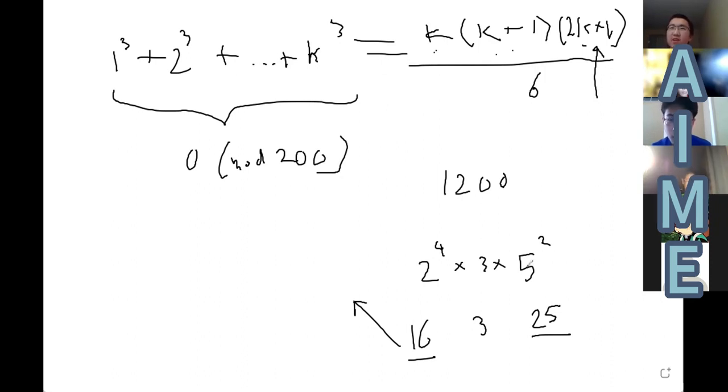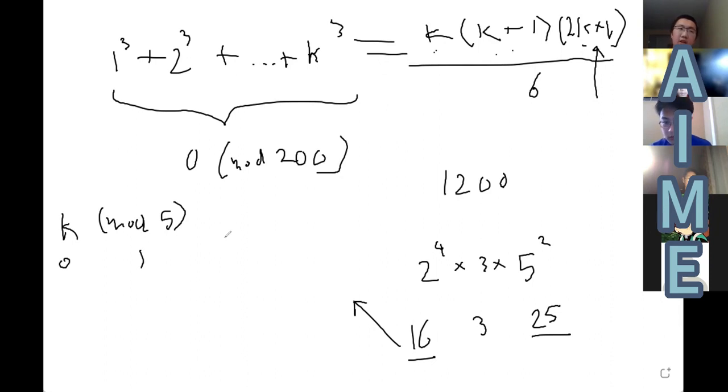So 25 can only be in one of them because let's say k was divisible by 5. So k would be 0 mod 5 and k plus 1 would be 1 mod 5, and then 2k plus 1 would also be 1 mod 5.